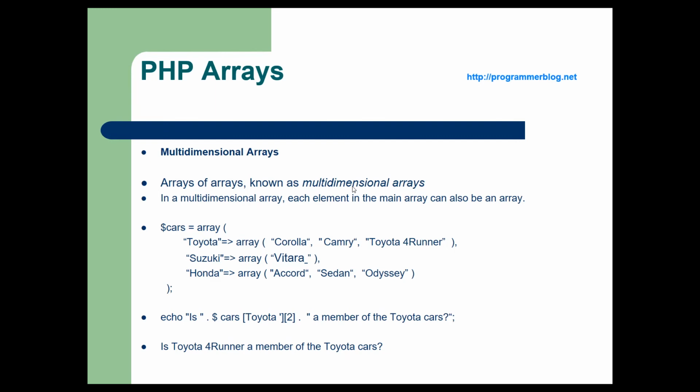Multidimensional arrays in PHP. In a multidimensional array, each element of an array can also be an array. We have a cars array. The Toyota index has another numeric array as the value. And we can access the values inside a multidimensional array by specifying their indexes.